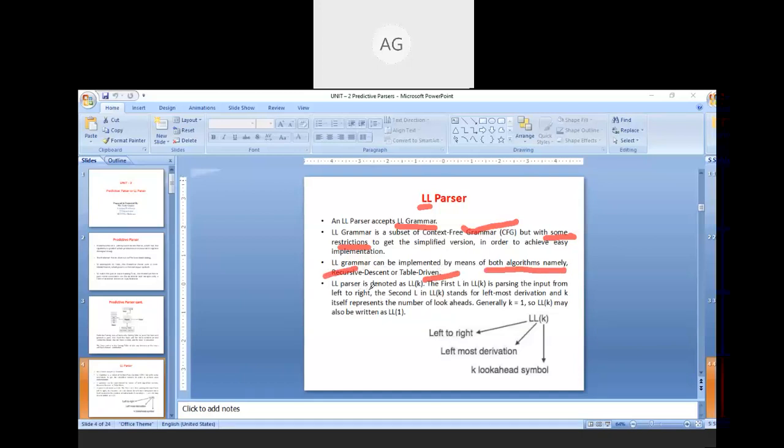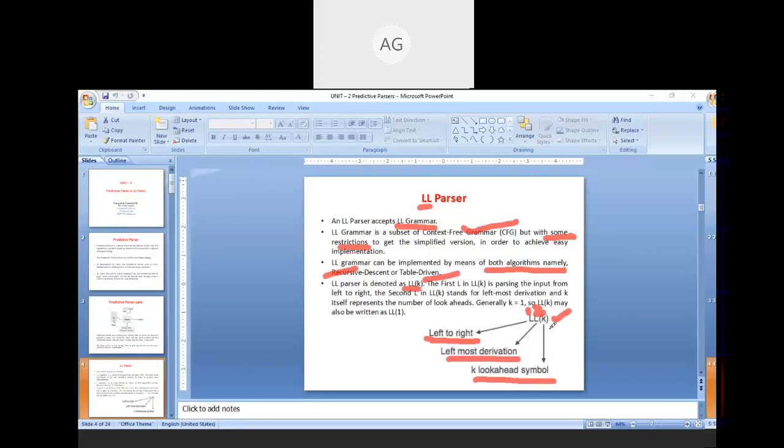The LL parser is denoted as LL(K). The first L in LL(K) denotes parsing the input from left to right, the left to right scanning. The second L denotes the leftmost derivation, and K denotes the K look ahead symbols.